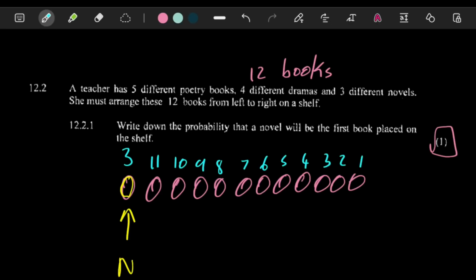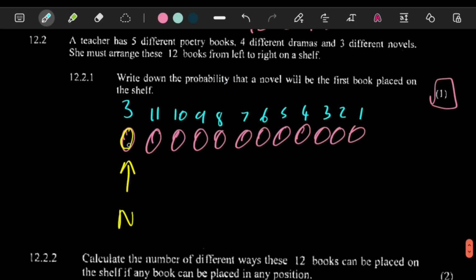Let me repeat. In the first slot, if they're asking what is the probability that a novel will be the first book placed on the shelf, you ask yourself, how many novels are there? There are 3 novels. So one of 3 books can potentially go there. The moment you put one book here, you have 11 books to place. So one of 11 can go there. The moment you put one here, you have 10 options, and so on.